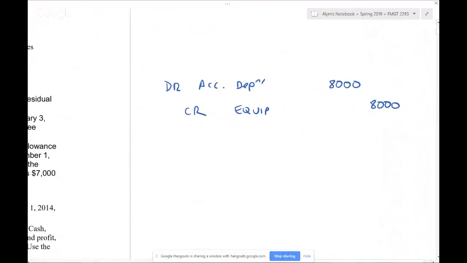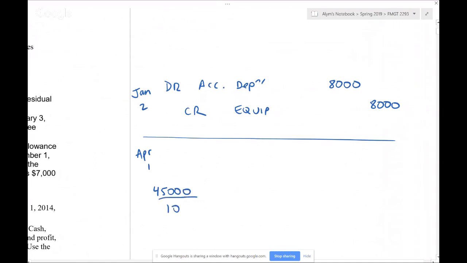So the way we're going to do that is on April 1st, the first step we're going to do is to record the depreciation up to the date of disposal. Our cost that was given to us in the question was $45,000. We're going to divide that by the 10-year useful life and multiply that by 3 months, right? So 3 over 12.